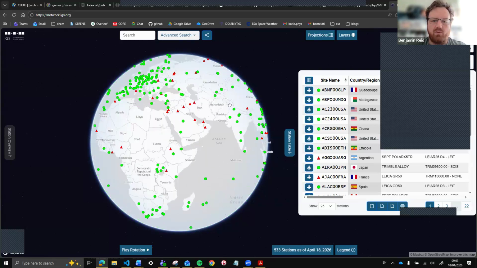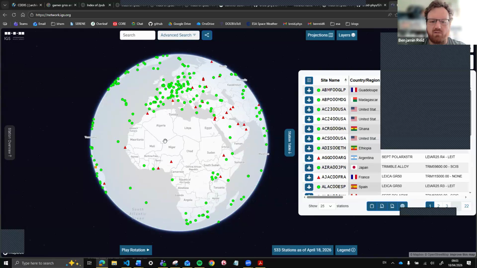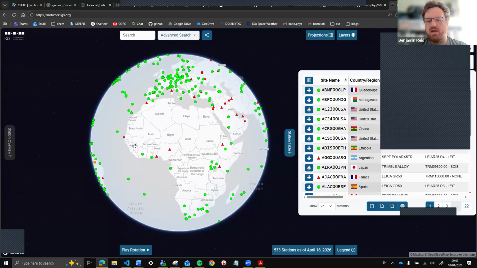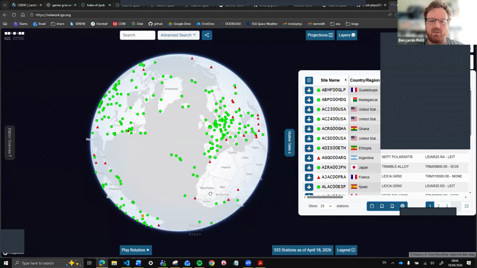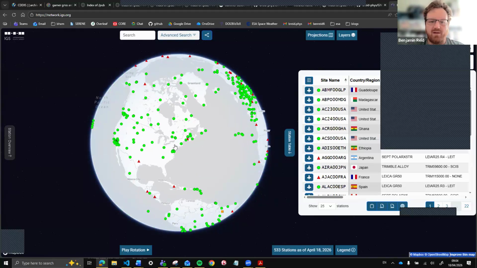They're the people who run all of that sort of stuff. You can see Africa does not have a lot of these reference stations, which is a problem, right? South America is a lot better than it used to be, but if you look at something like California, there's loads of them. But yeah, this is the IGS.